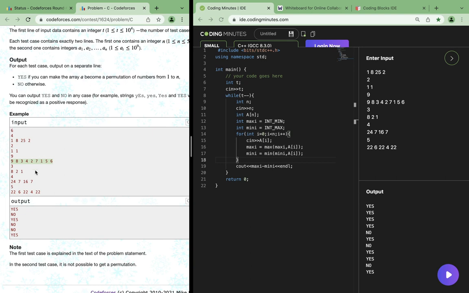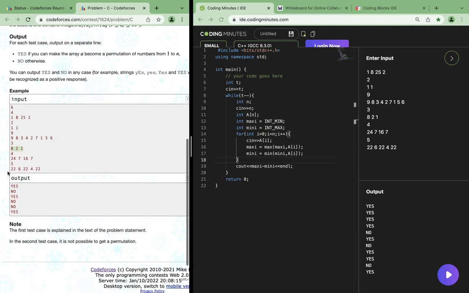This is already a permutation, and this one is not possible. Okay, yeah, it's not possible. This is also not possible. So anywhere there are two same numbers, it is not possible.